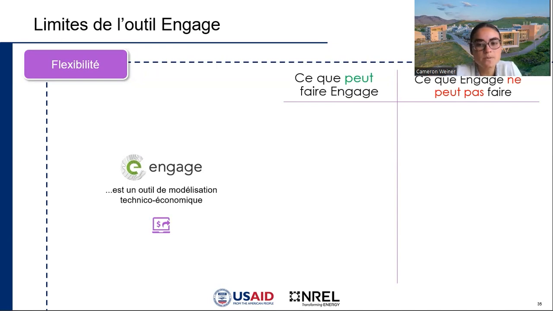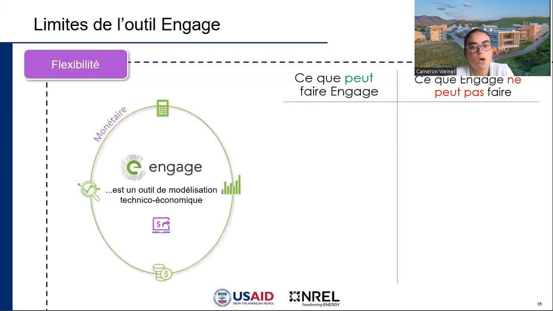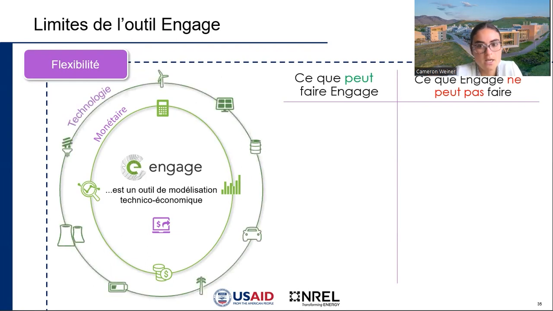And this means Engage is primarily looking at minimizing the total costs of the system components. And of course, that's all within technology and other constraints that you set within the model.